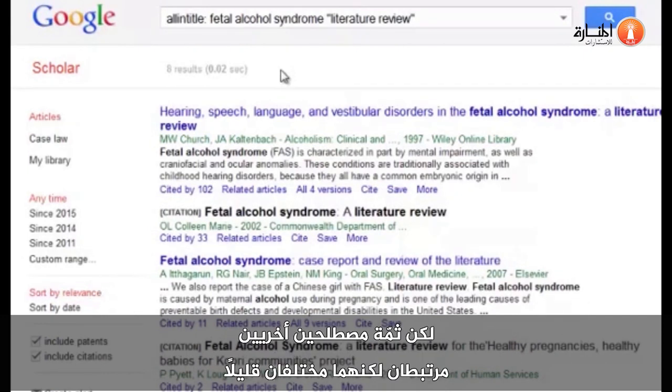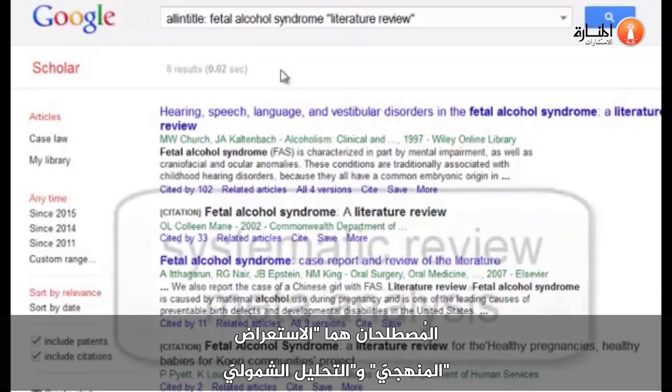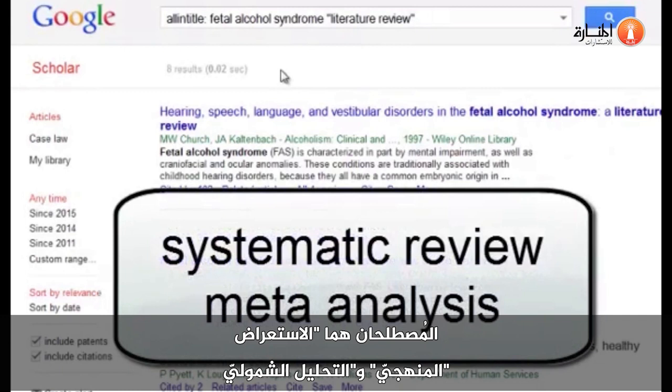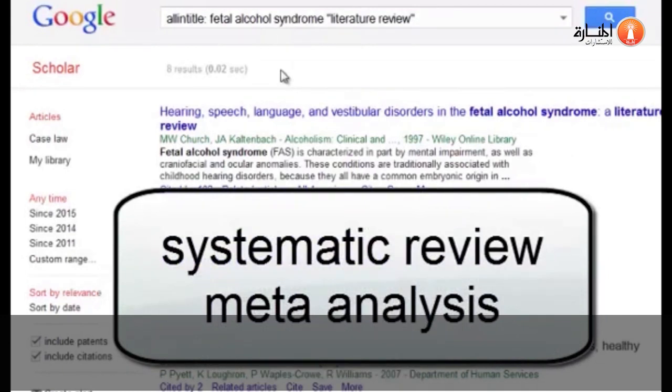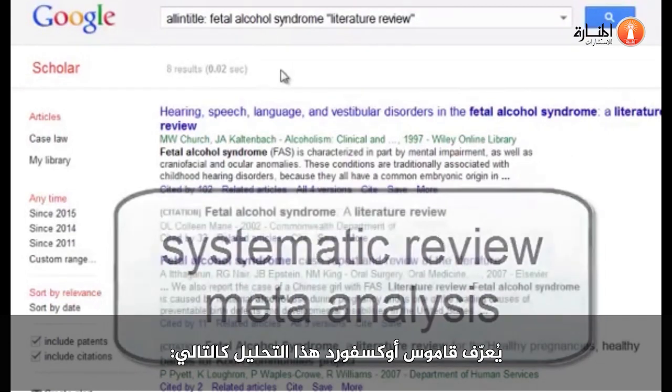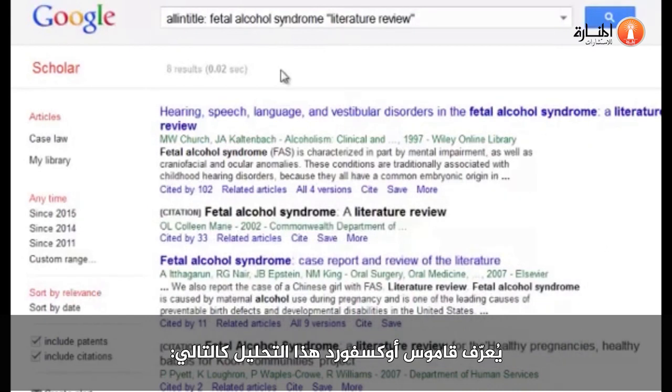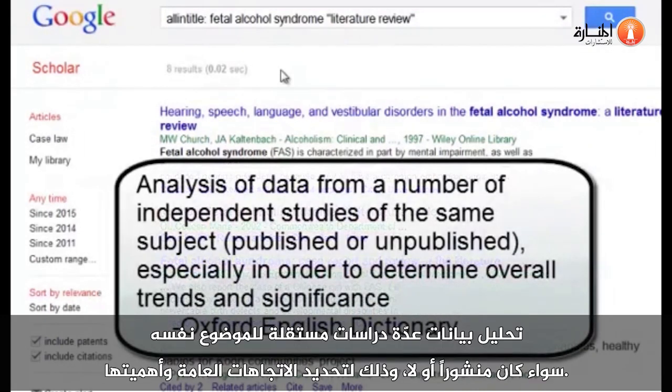But there are two other terms that you might encounter that are slightly different but related, and those terms are systematic review and meta-analysis. The Oxford English Dictionary gives this definition for this kind of analysis: analysis of data from a number of independent studies of the same subject, published or unpublished, especially in order to determine overall trends and significance.